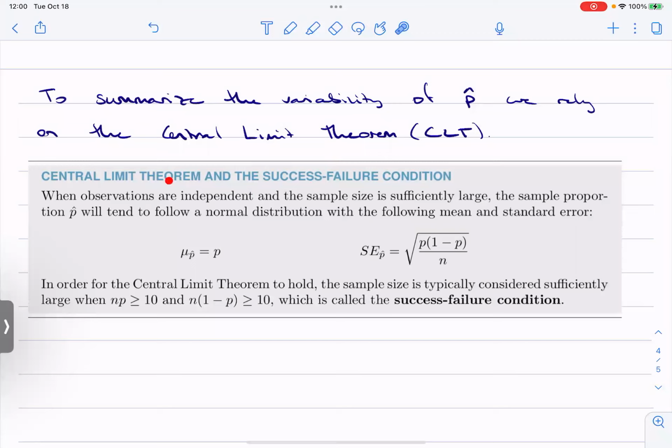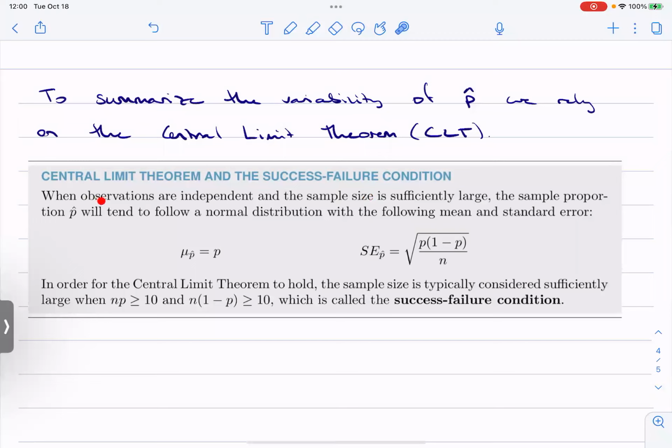The central limit theorem and the success-failure condition. Another thing that sounds familiar from the binomial. I was trying to use the normal approximation to the binomial, but in order to do that, I had to check the success-failure condition, and we still do.